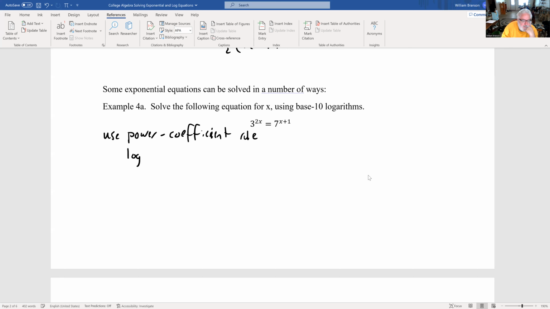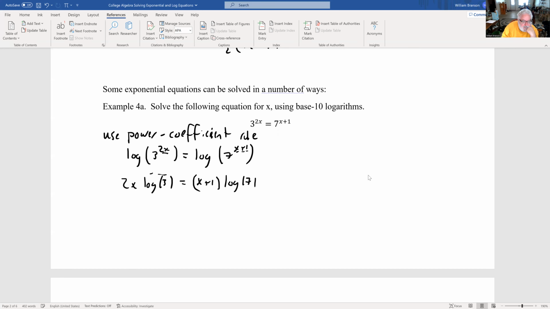We'll take log of both sides. Power coefficient rule tells me that these exponents can come out front as coefficients. So 2x times log of 3 equals the quantity x plus 1 times log of 7.